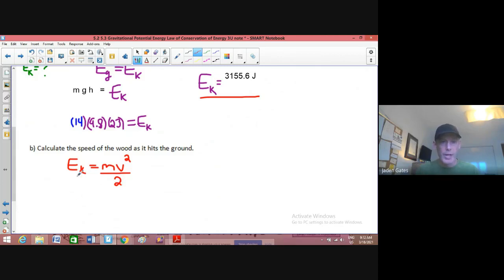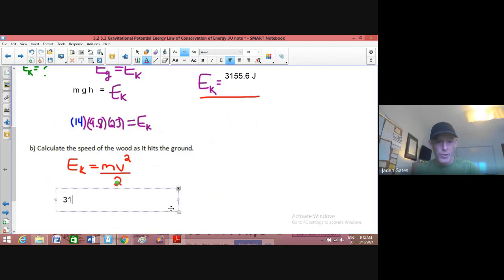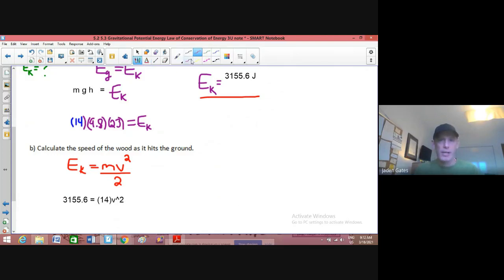And so what we have is 3,155.6 joules of energy, which then is equal to, again, the mass of our wood, 14. And then we have v squared. And of course, I can't forget the fact that this is going to be divided by 2.